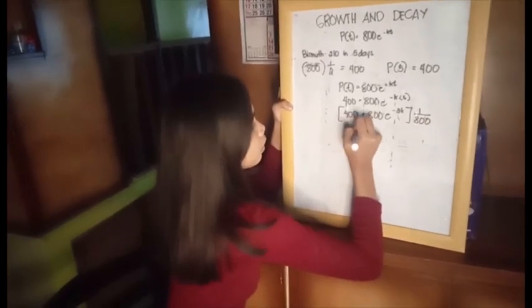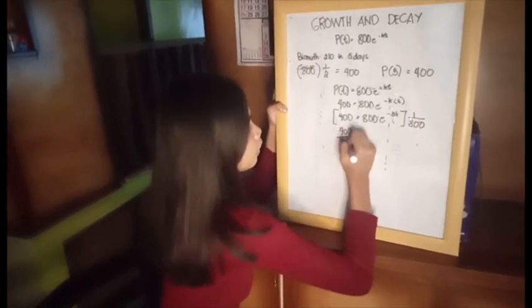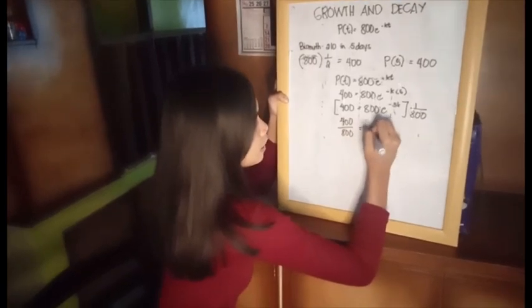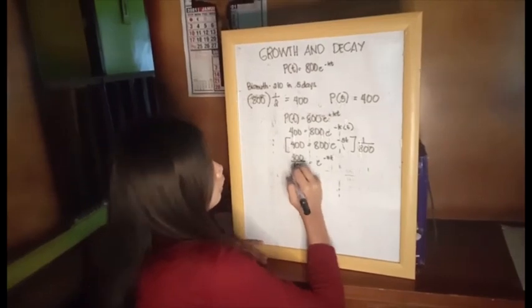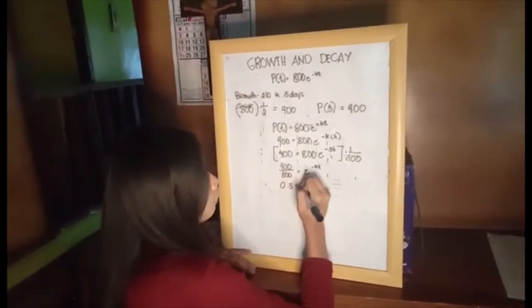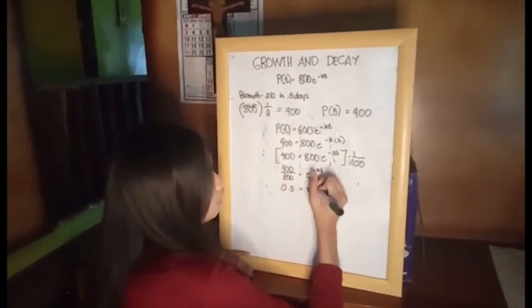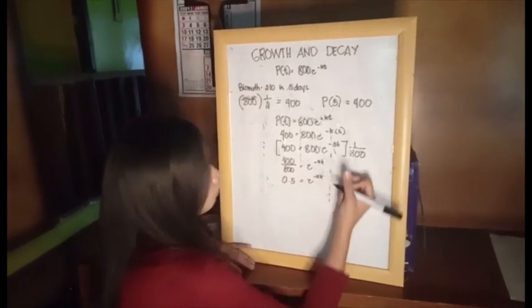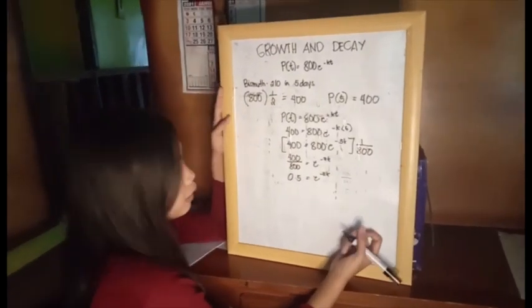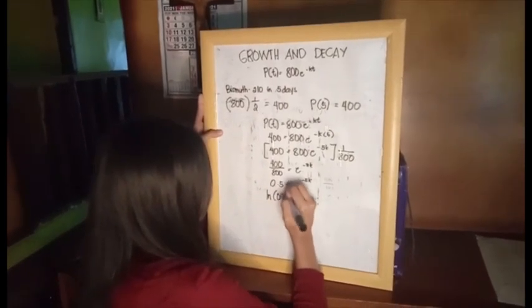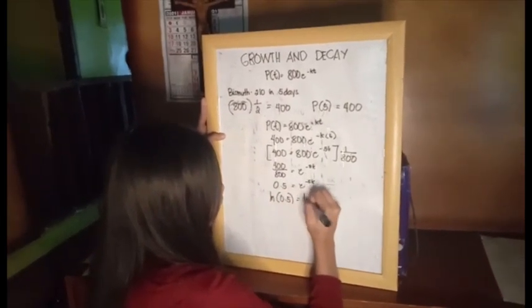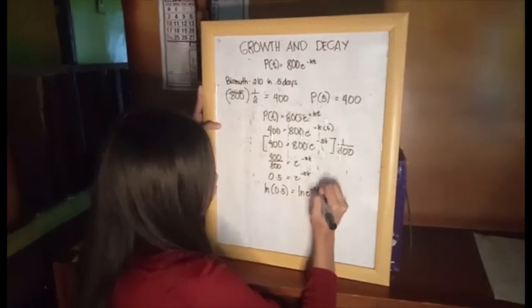Now we get 400 over 800 equals e^(-5k). 400 divided by 800, we get 0.5 equals e^(-5k). Now take ln of both sides. So ln 0.5 is equal to ln e^(-5k).